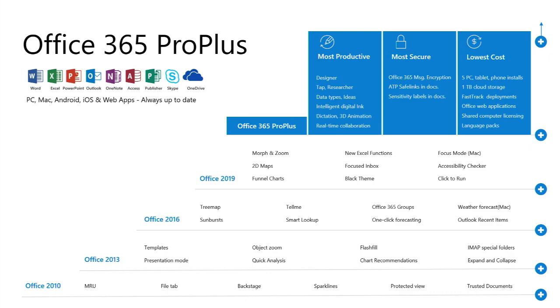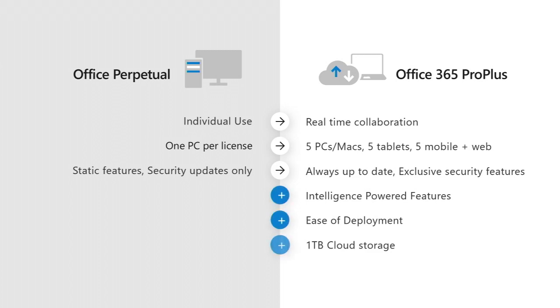And so we know for some particular organizations, there may be reasons why you can't move forward to a fully cloud-connected interface, which this requires. But for everyone else, we do recommend that you move to Office 365 ProPlus to get all the benefits, including the intelligent services and things I've spoken about already that come with this cloud-connected version, and not stick with Office Perpetual.